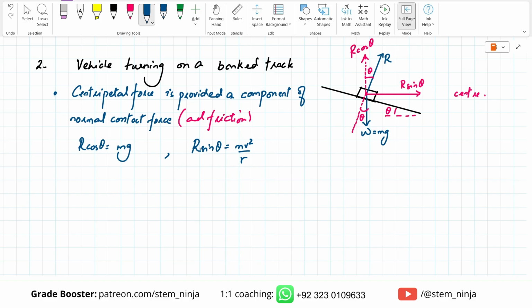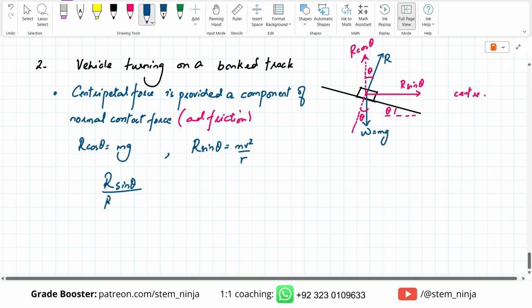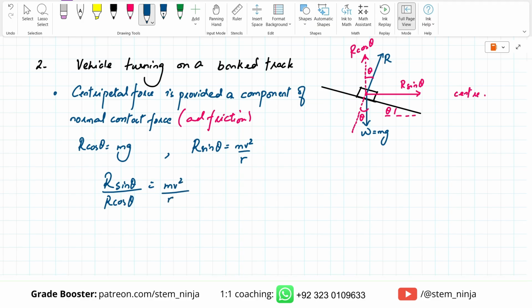Now, R and R are the same, theta and theta are the same. So to solve these simultaneously, R sine theta over R cos theta would be mv squared over R divided by mg, which would be mv squared over R mg.